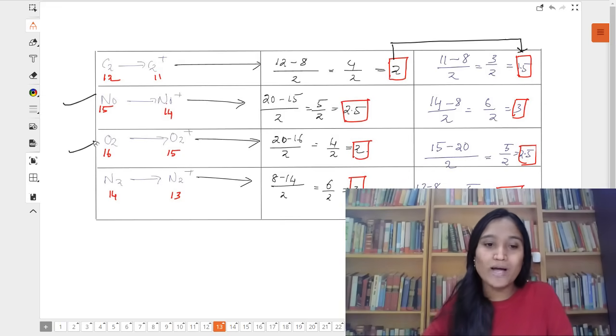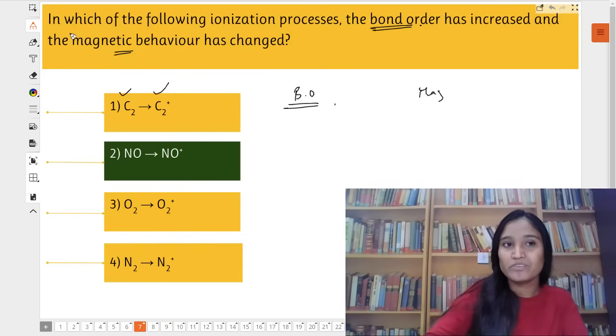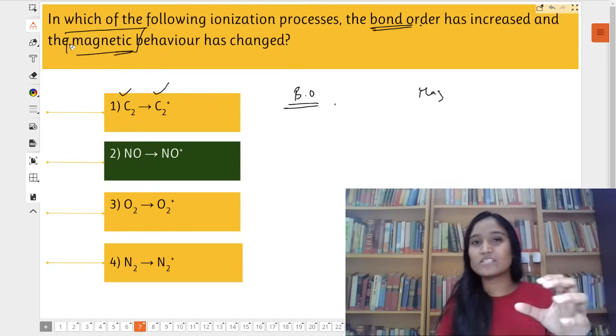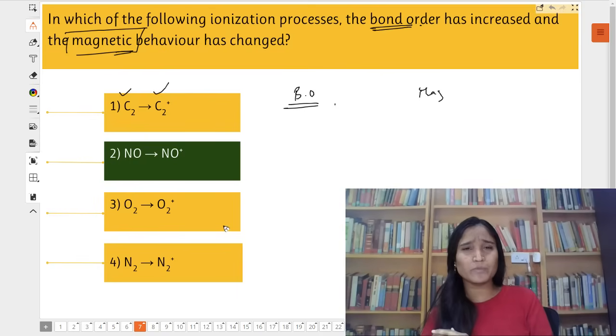But if you go back to the question and observe the second part of the question, they're also asking about one such option in which magnetic behavior is changing. What is magnetic behavior, by the way? Anyone in the class, please?